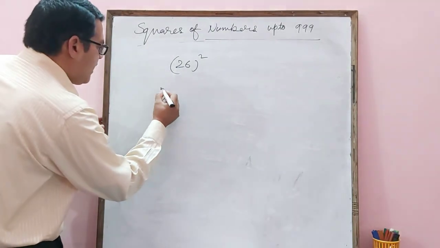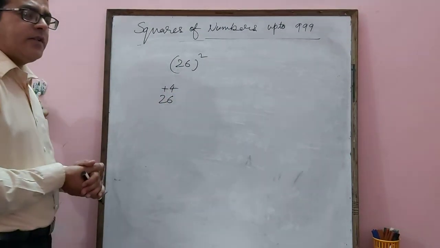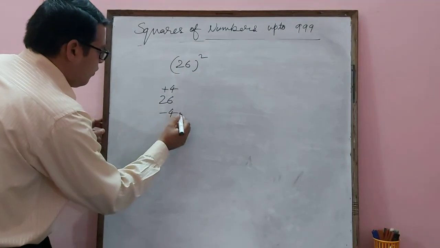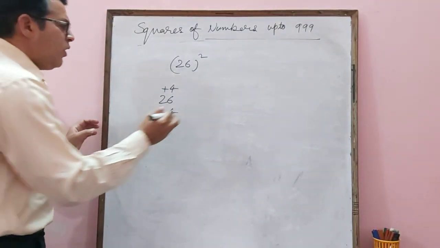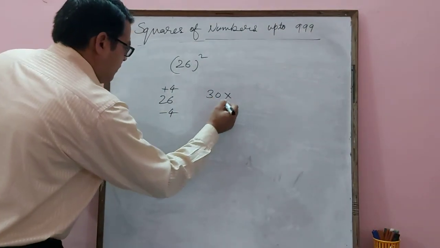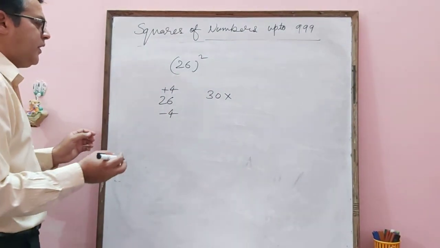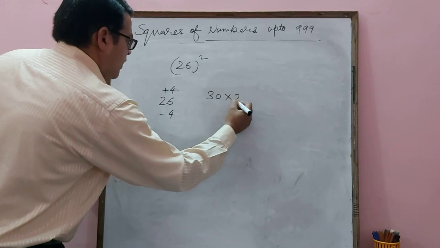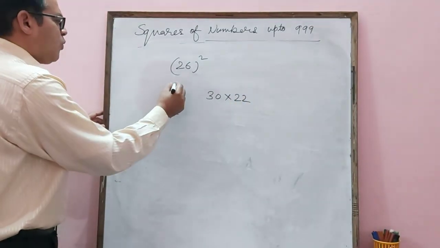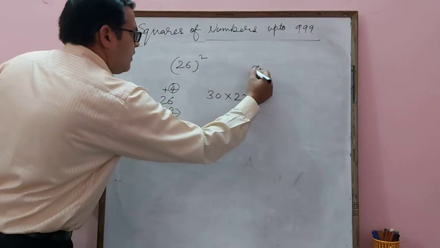If we add 4 to 26, we have 30. We are adding 4, so we also need to subtract 4 from 26. We have 22. And the square of this 4 is 16.